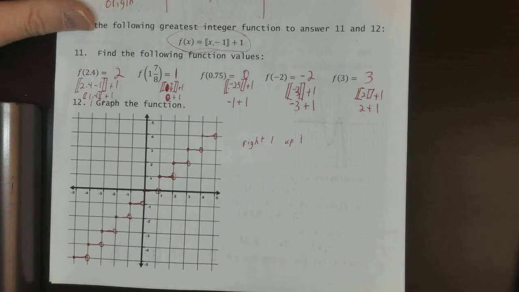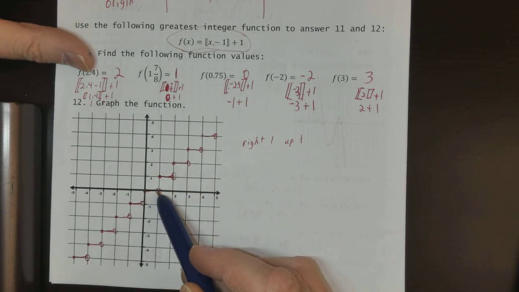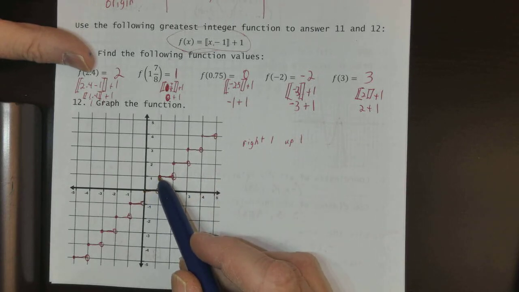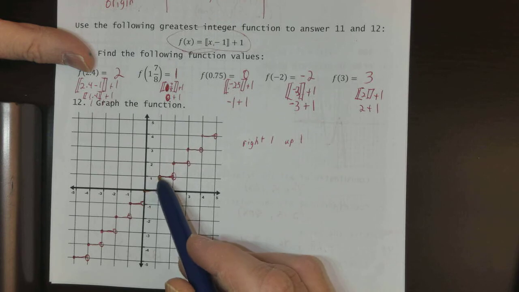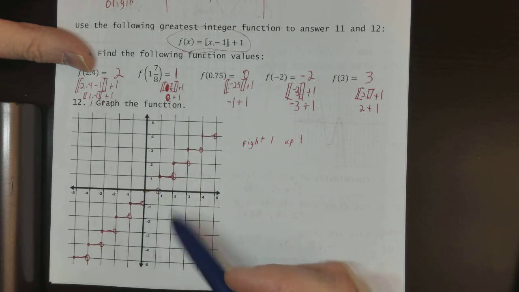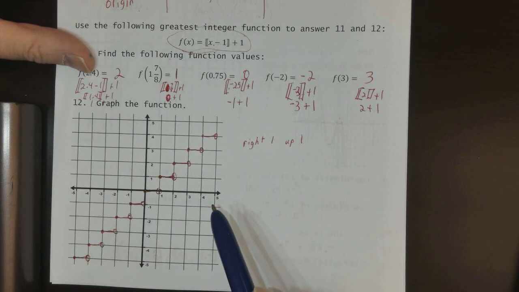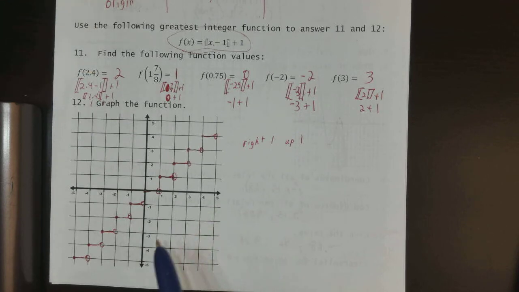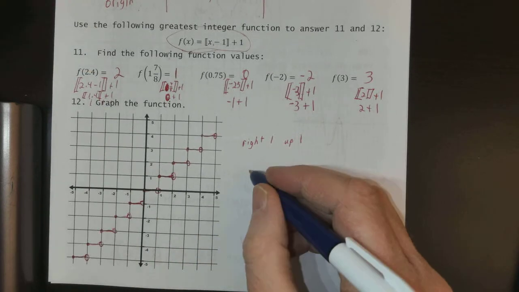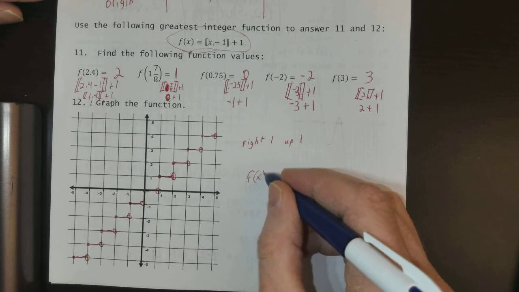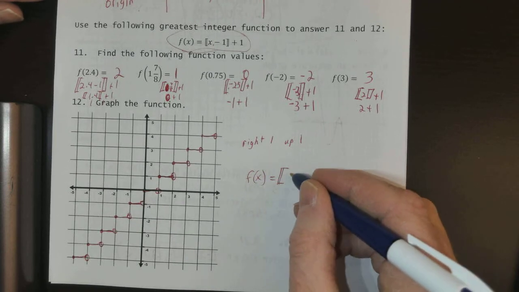We kind of slid it onto itself by doing this, because when you go to the next one, you're going right 1 and up 1. So it is the same thing as f of x equals GIF of x.